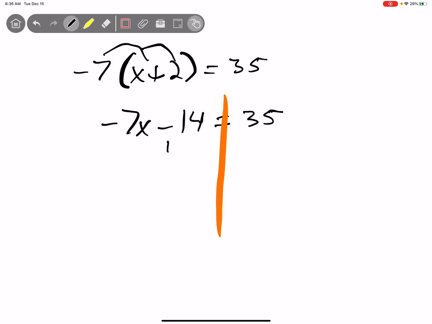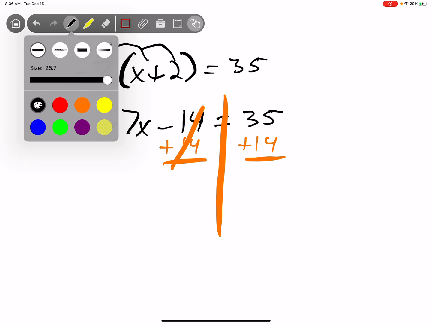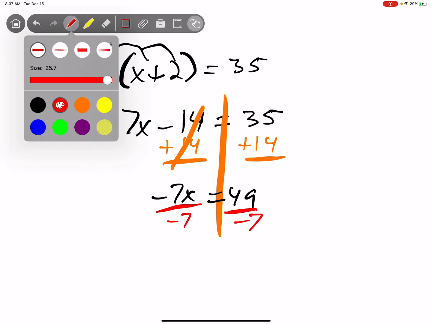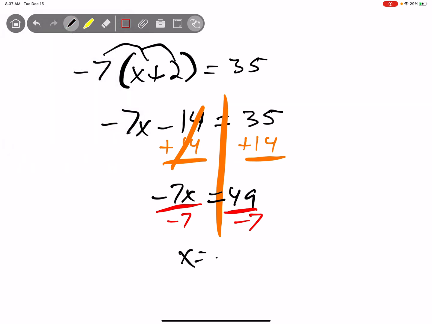The inverse of subtraction is addition. So I'm going to add 14, add 14. These cancel out. I get negative 7x equals 49. The inverse of multiplying by negative 7 is dividing by negative 7. So my answer equals x equals negative 7. Because 49 divided by negative 7 is negative 7.